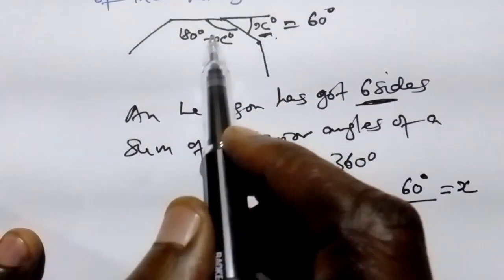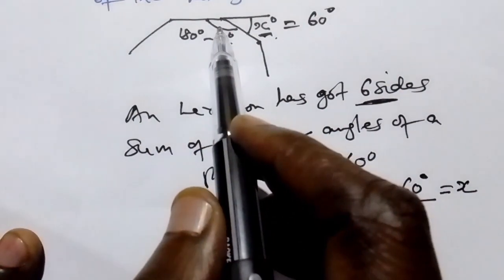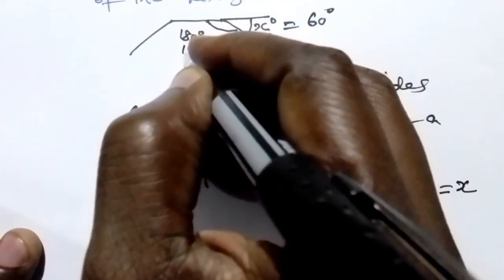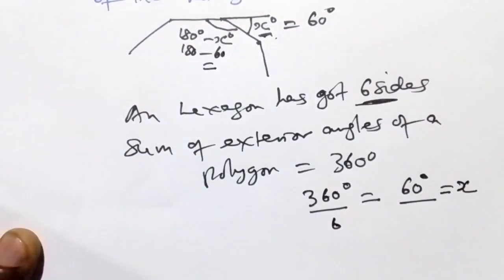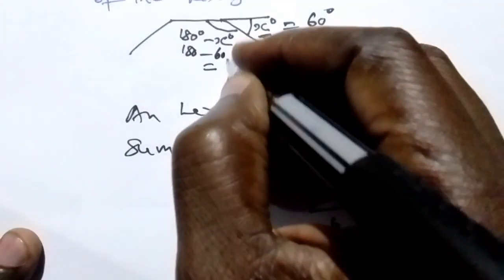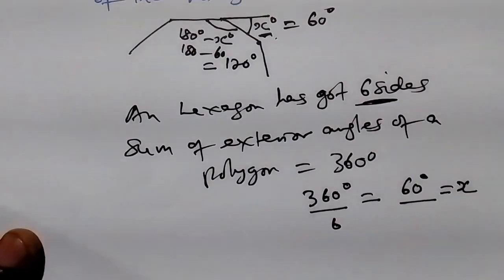Now what is the interior angle here? It will be 180 minus 60 degrees, which is going to be 120 degrees. Find the size of each interior angle of the hexagon.